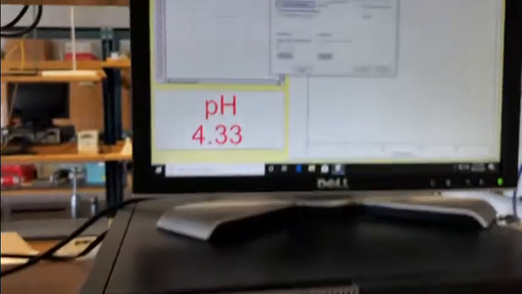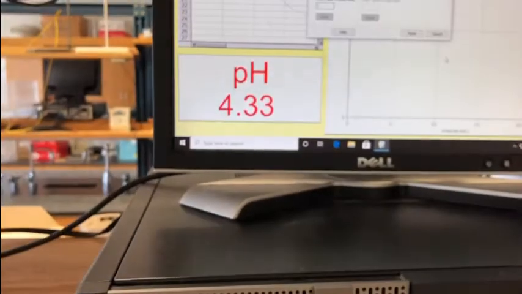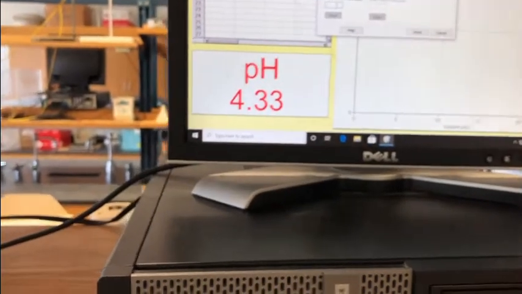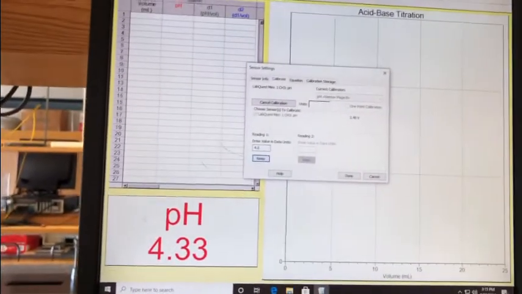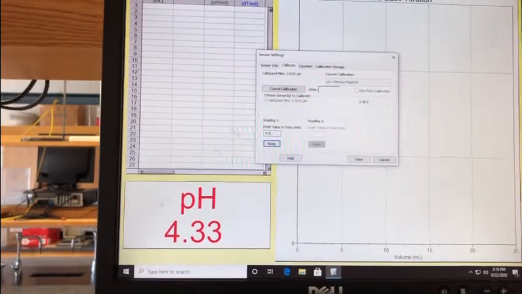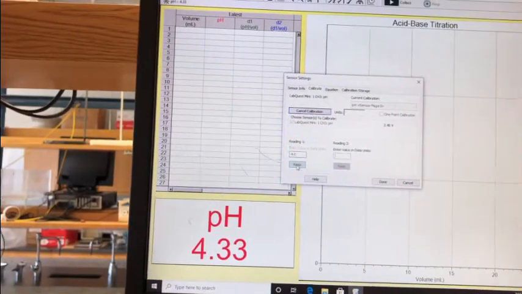Okay, we can click on keep, put the value 4.0 here, and then keep, and done.